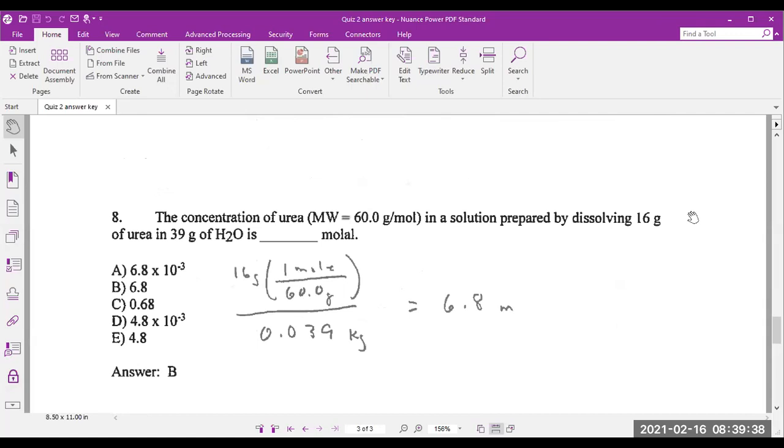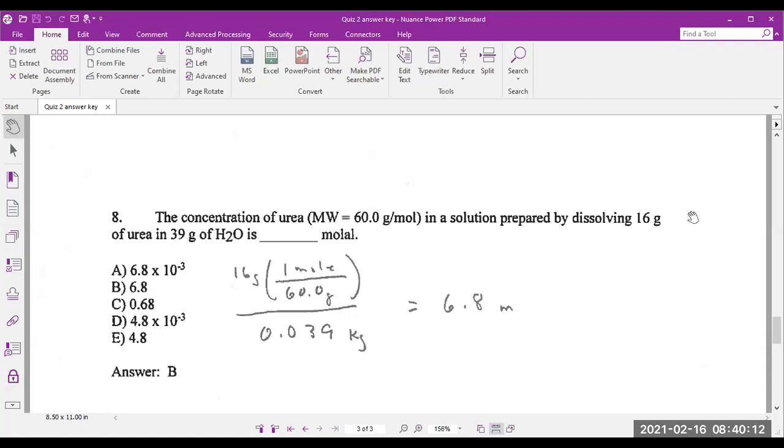Number 8, we're told the concentration of urea in a solution prepared by dissolving 16 grams of urea in 39 grams of water is how many molal? That's the question. So we needed to remember that molality is moles of solute divided by kilograms of solvent. In this case, the solute is urea, and we're told that urea's molecular weight is 60 grams per mole.